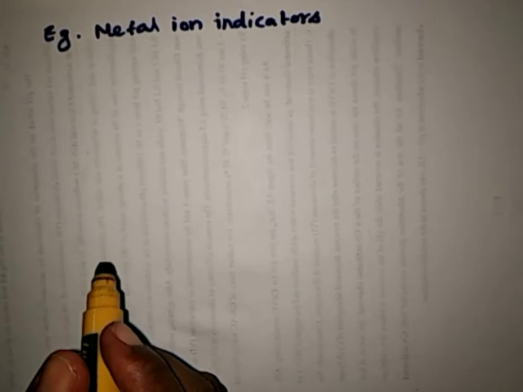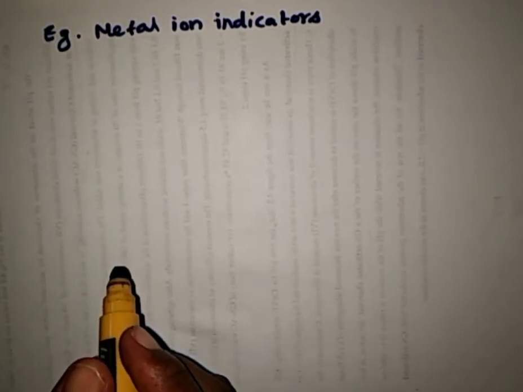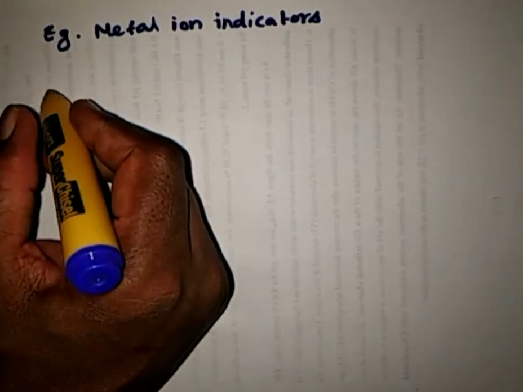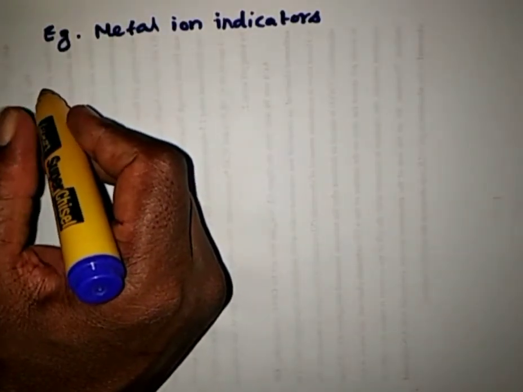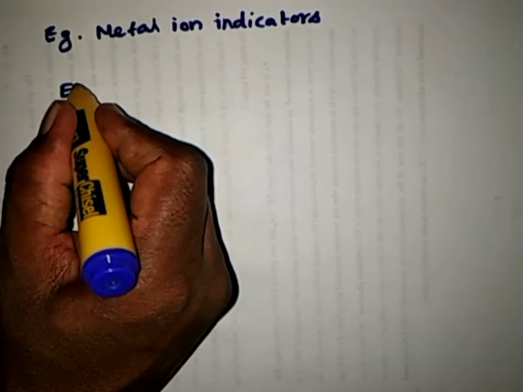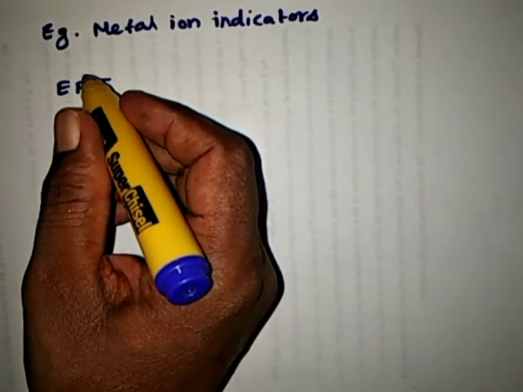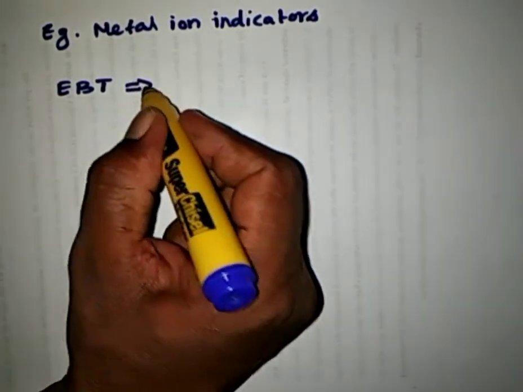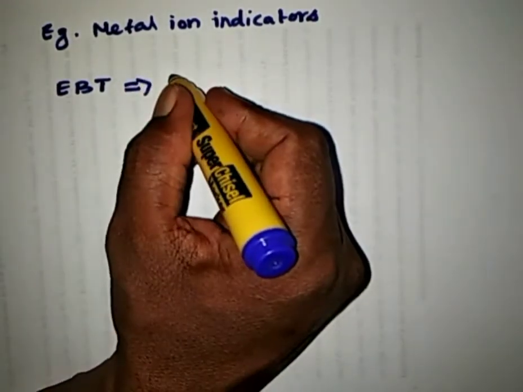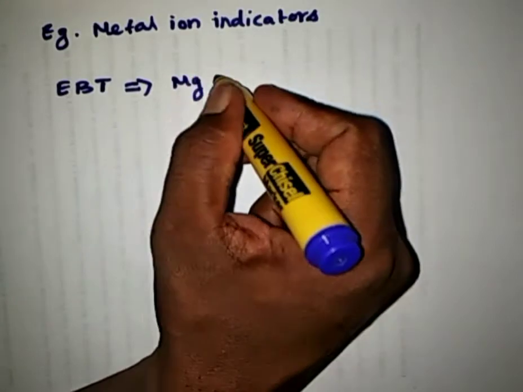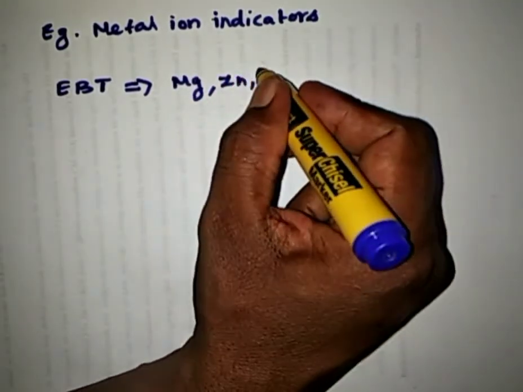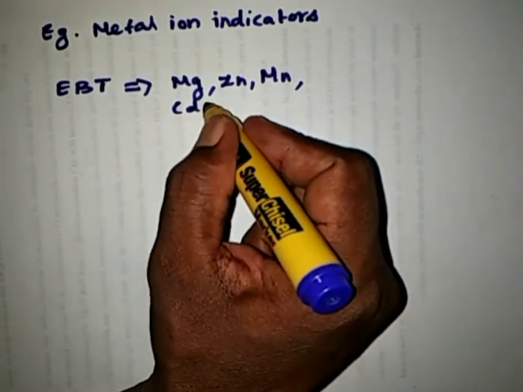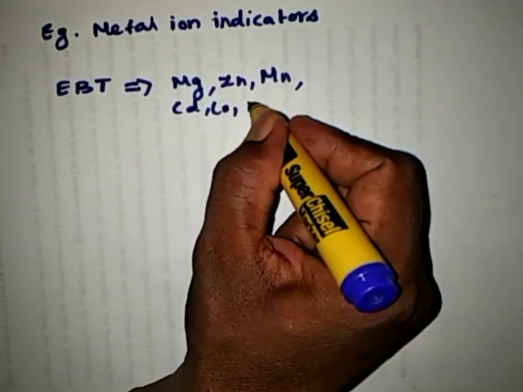Now we shall see some examples of metal ion indicators which we use in complexometric titration. The first one is EBT, that is Eriochrome Black T. This EBT is used to estimate metals like magnesium, zinc, manganese, cadmium, cobalt, nickel, and so on.